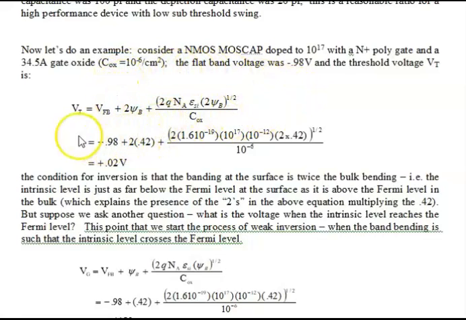And this particular structure with no gate voltage would be in very deep depletion. In fact, it would be in weak inversion, because we only have to apply a tiny little positive voltage to bring this thing into strong inversion.